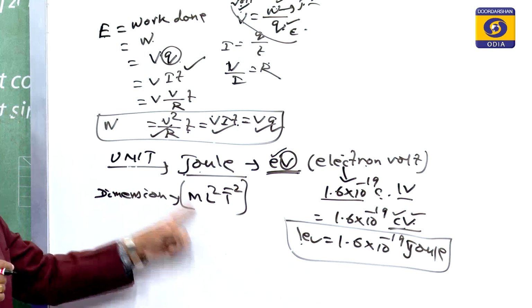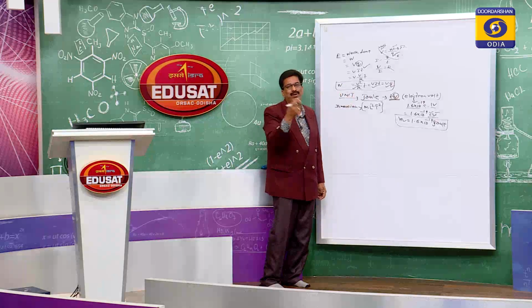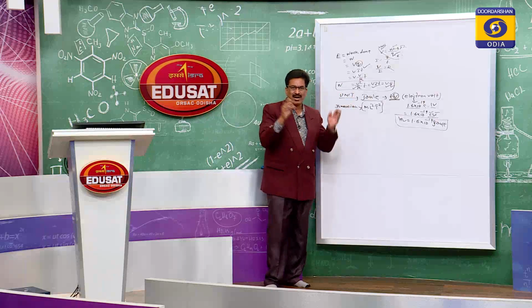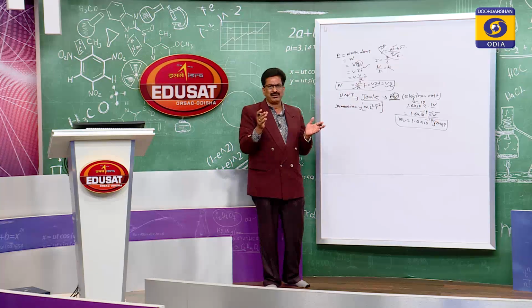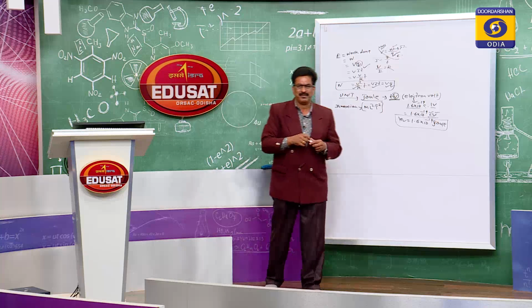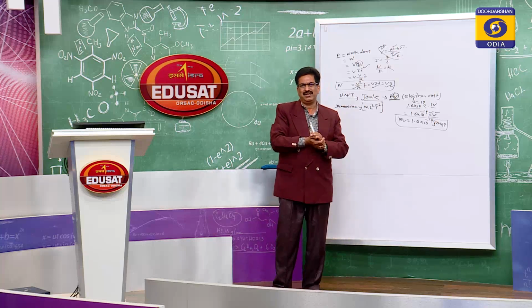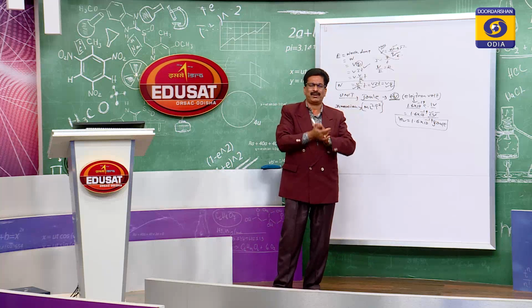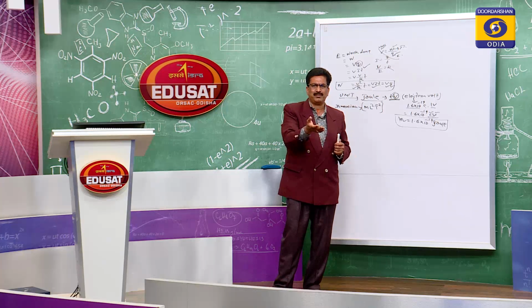Then the question comes, where are we using this electrical energy? Generally, each and every house in our country is getting electrification according to the government. When the electrification comes to our house, at the end of the month we are paying something for the system.